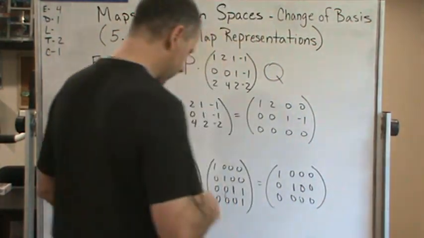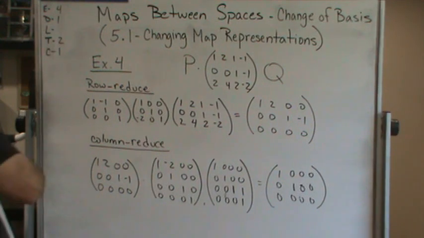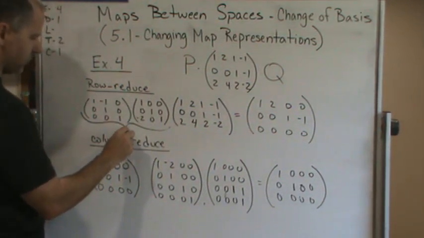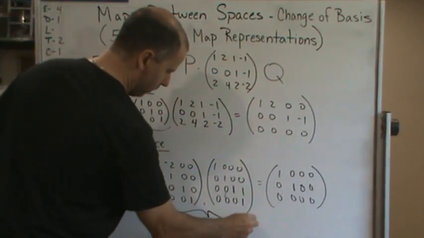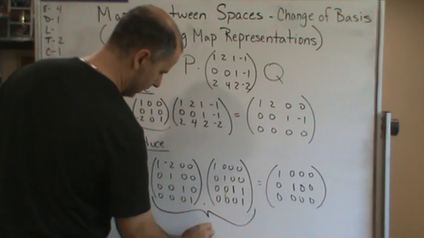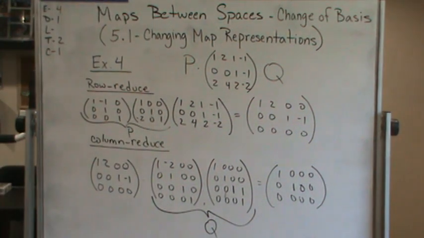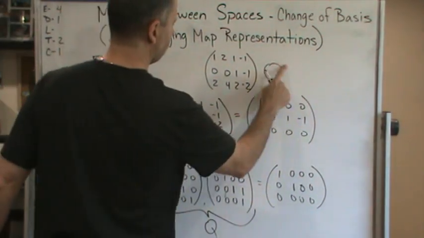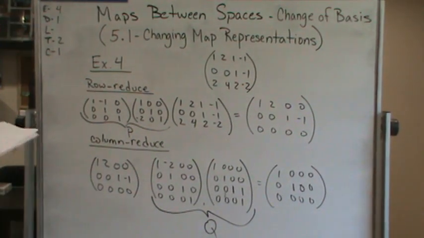Now, okay, now that we're done, now we just have to find out what P and Q are. Well, guess what? If we multiply these 2 matrices together, that's our P. If we multiply these 2 together, that's our Q. And so, what do we get? We get this.